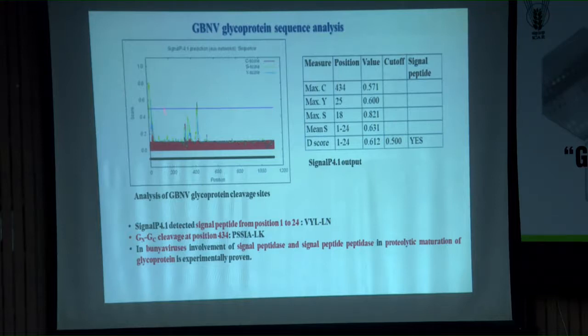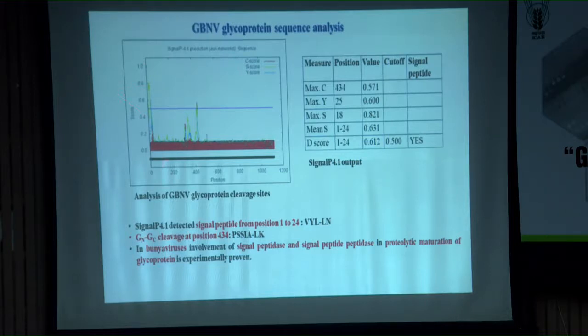Where the score crosses the cutoff value, that amino acid position we consider as the cleavage site. You can see there are two peaks crossing the threshold. The first peak is in the 24 amino acid region of the precursor glycoprotein, and the second cleavage is around 434.